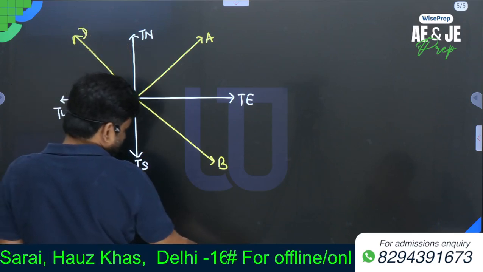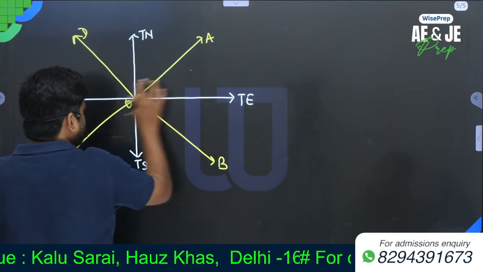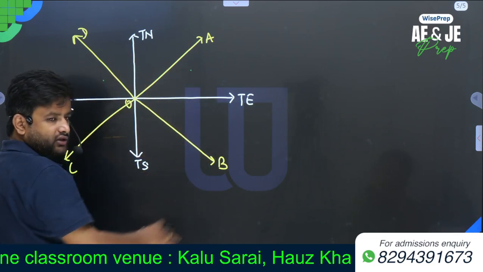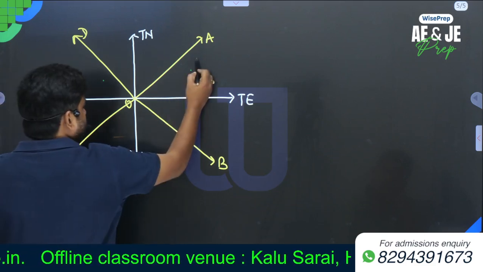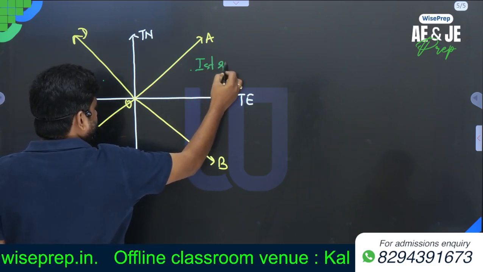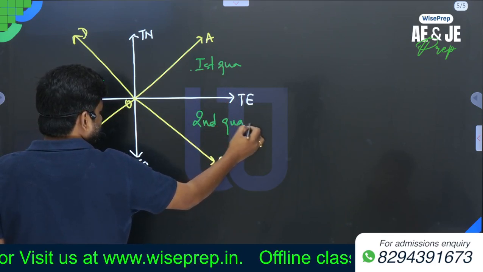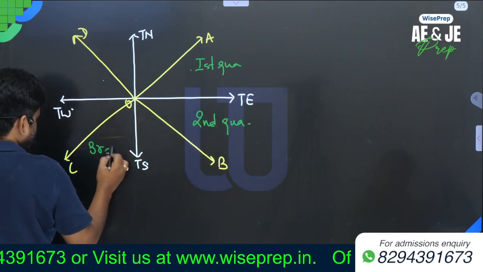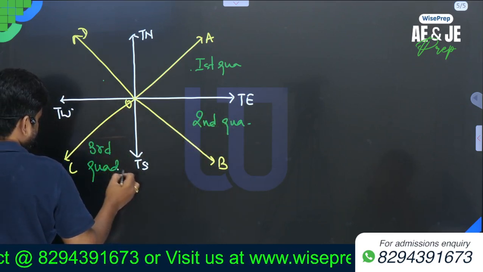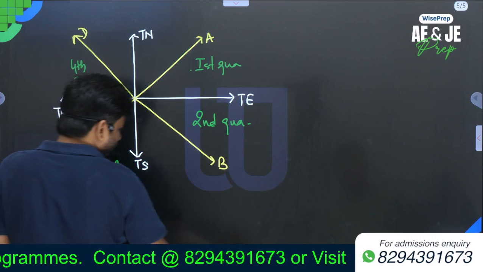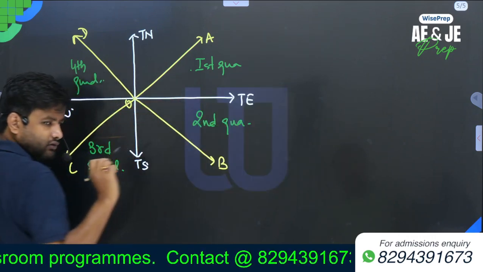In mathematics, we observe this is the first quadrant, this is the second quadrant. But in surveying, we always prefer to go in the clockwise direction. So this will be the first quadrant, this will be the second quadrant, this will be the third quadrant, and this will be the fourth quadrant.